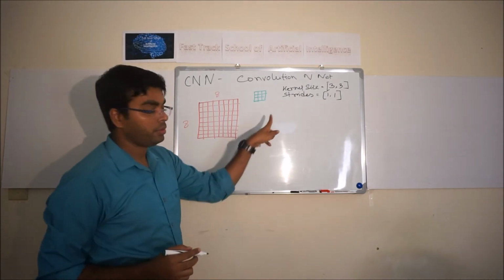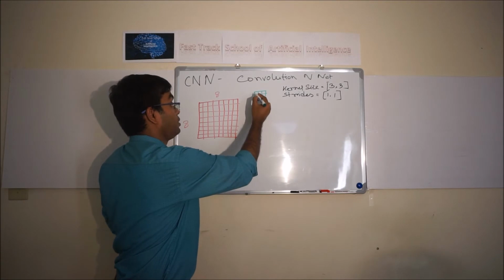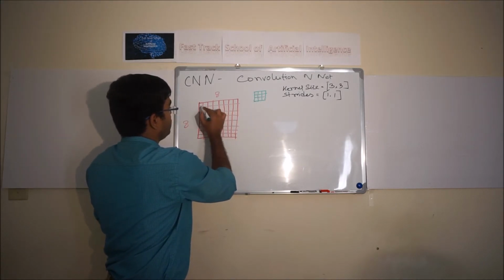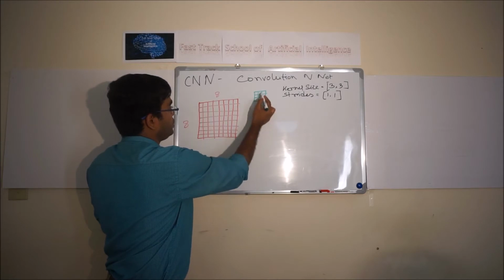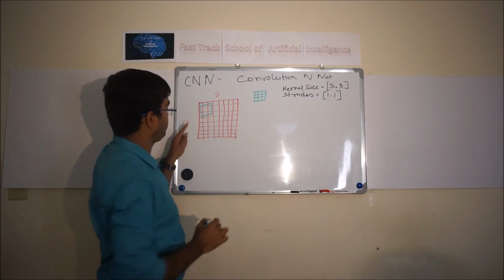So what will happen? It will start from this cell. The filter is first applied to this 3 by 3 block.